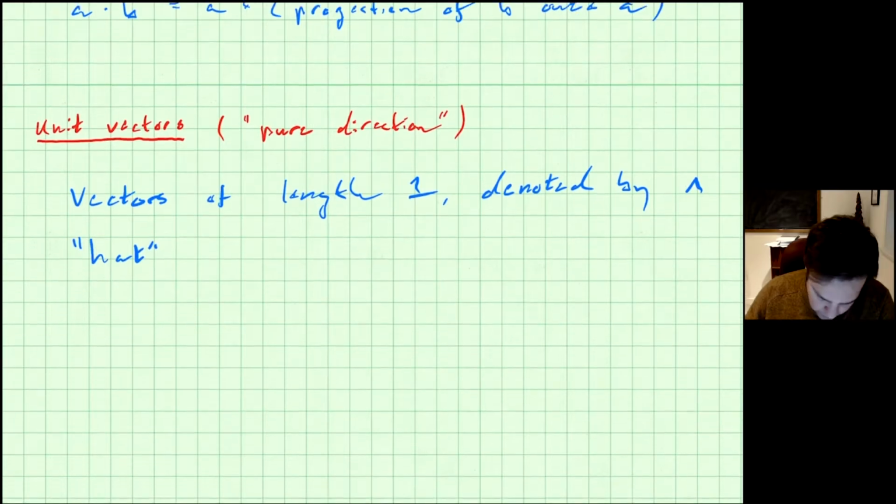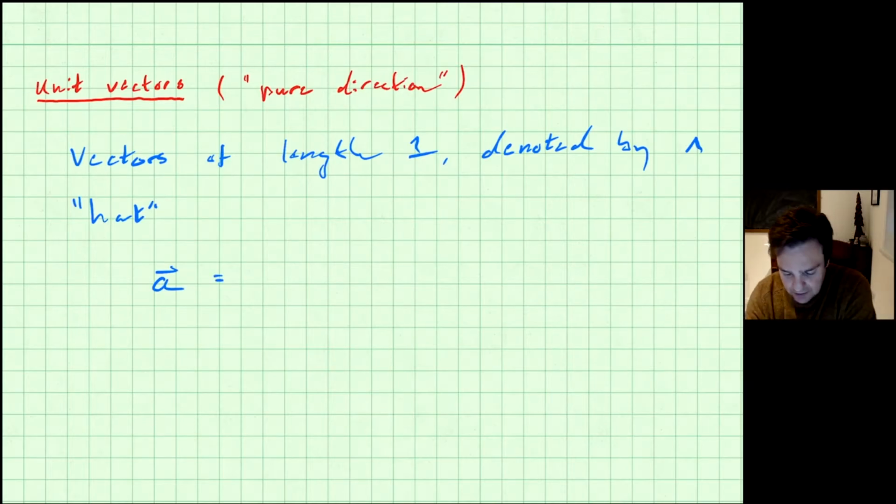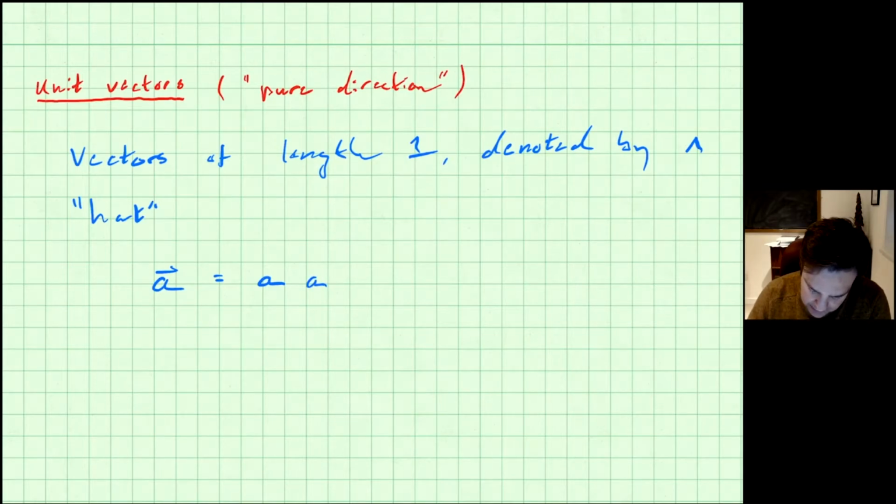So in other words, the vector A, just an arbitrary vector, is equal to its magnitude, its length, multiplying something that just points in the direction of A but has length 1. And we'll call that A hat.